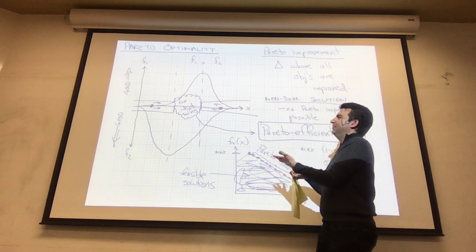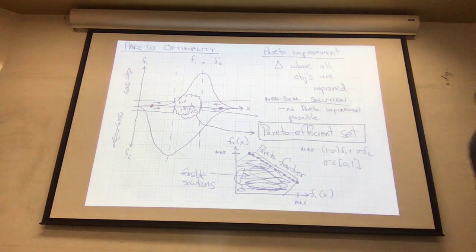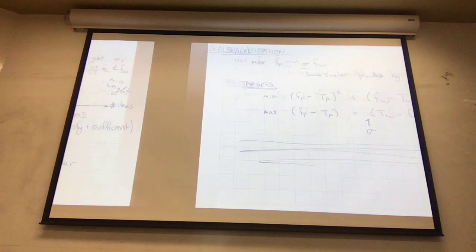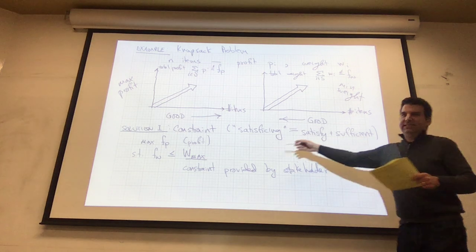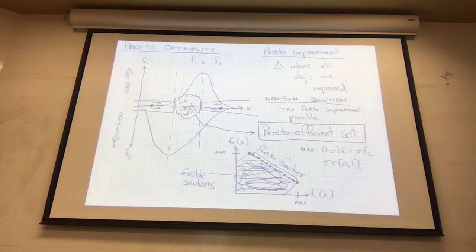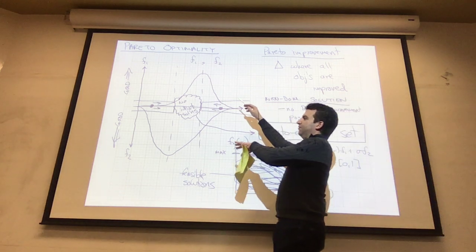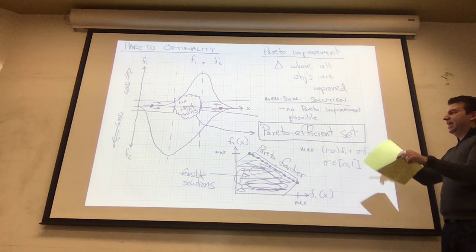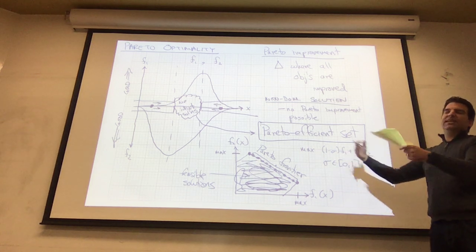And I would claim that you kind of have to go back to one of these solutions, like the target solution or the constraint satisfying one, to get there. But there are sometimes ways to go directly from a multi-objective problem to a single objective problem with multiple constraints. But it's not trivial. It's kind of outside the scope of this discussion.